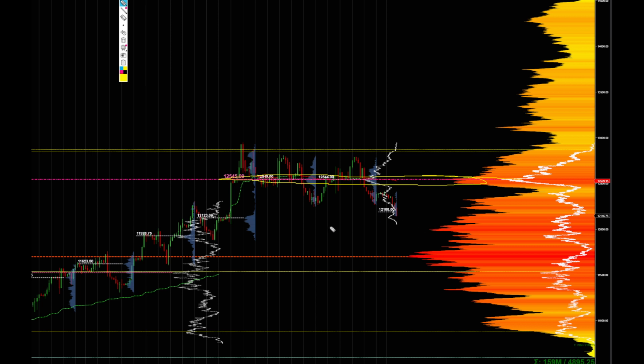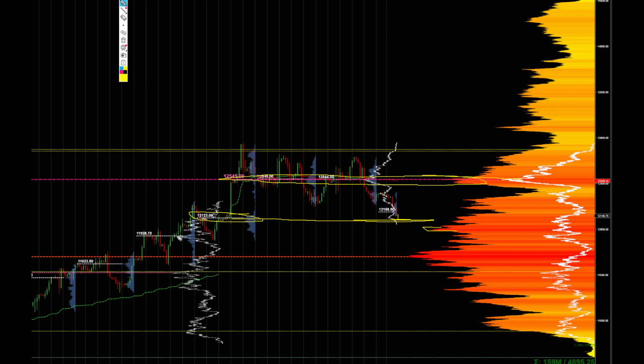Now you can see every blue profile is a weekly profile. Every white line is a point of control, the most traded price of that week. So 120, 123, if you go right here, that's where we could stop and pause. We have a node here too.